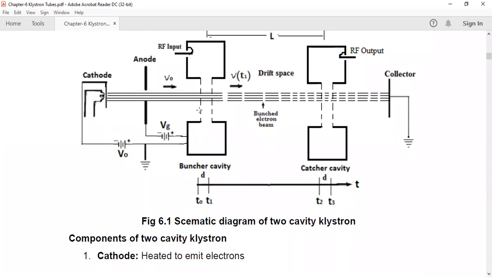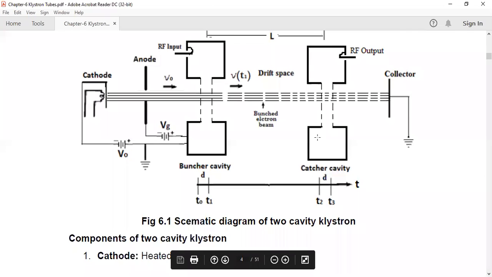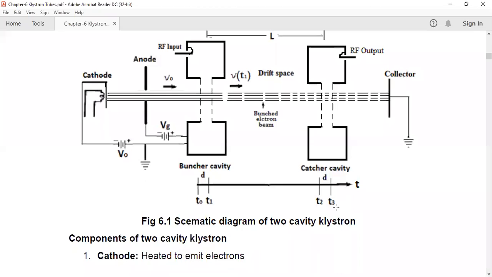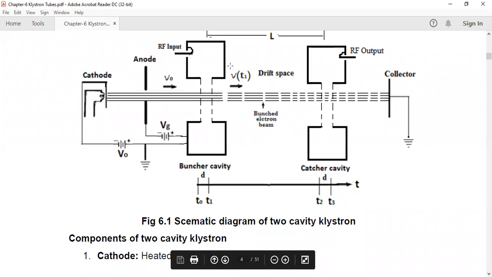T naught is the time entering into the buncher cavity. T1 is when electrons leave the buncher cavity. D is the spacing, the gap of the buncher cavity. The same for the catcher cavity, the spacing is D. T2 is the time entering into the catcher cavity. T3 is the time electrons leave the catcher cavity. L is the distance between the buncher cavity and the catcher cavity.